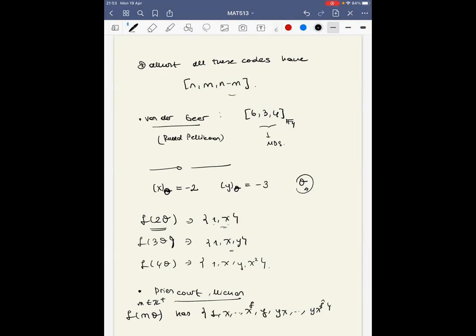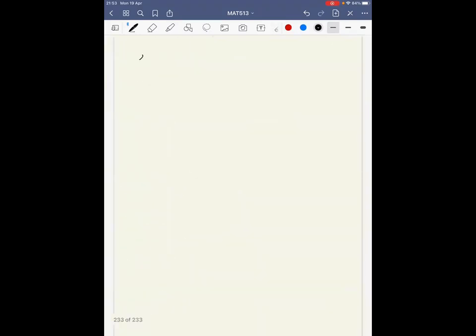Here delta denotes the largest integer which is less than or equal to m over 2, and delta hat denotes the floor of m minus 3 over 2. And thanks to this explicit form, we can conclude that the dimension is delta plus 2.